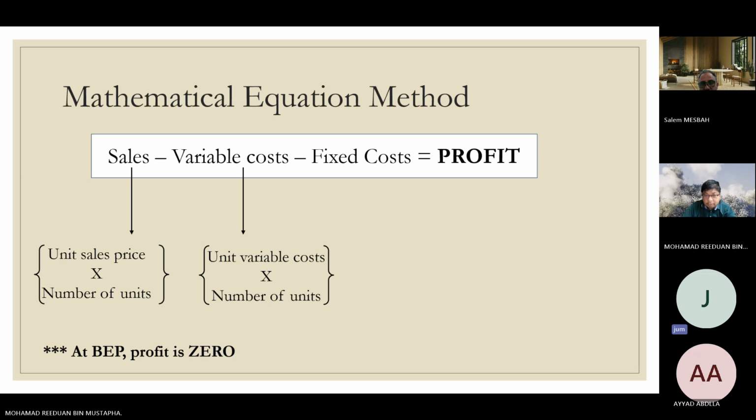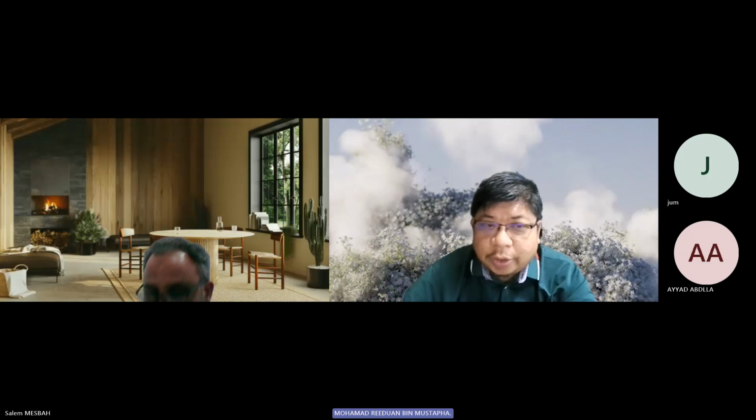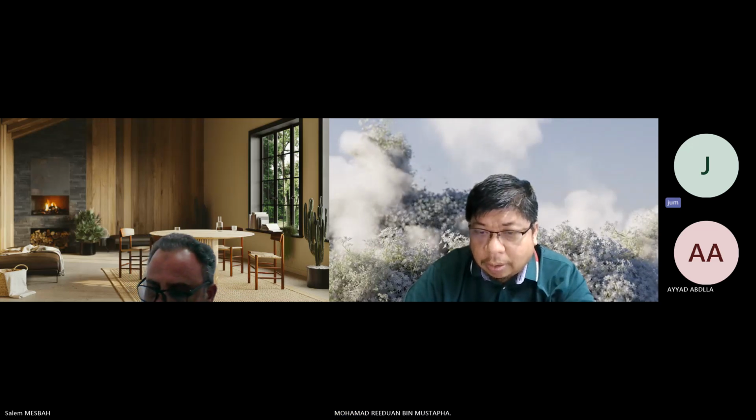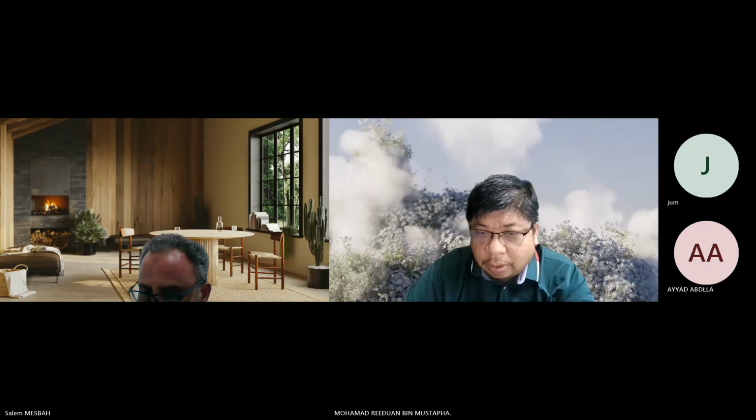Now we can calculate this question, but before that, because you sent the other first slide in WhatsApp, you sent the equation method. When you sent the question, you sent another slide, not this slide about this question.